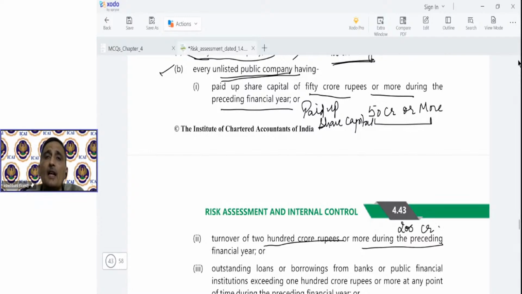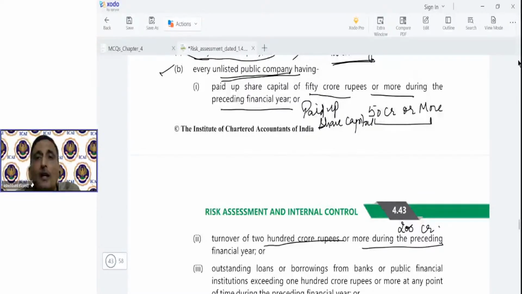Say for the year ending 31st March 23, there is an unlisted public company whose turnover is 200 crore or more. Say it is 205 crores. Earlier it was less than 200 crores, and the balance two conditions were also not applicable to the company, let us assume. So now the turnover has crossed the 200 crore threshold as on 31st March 2023.